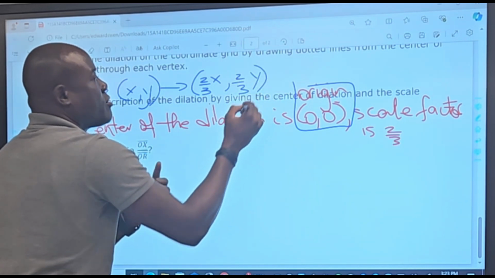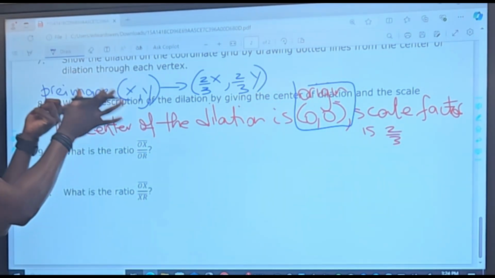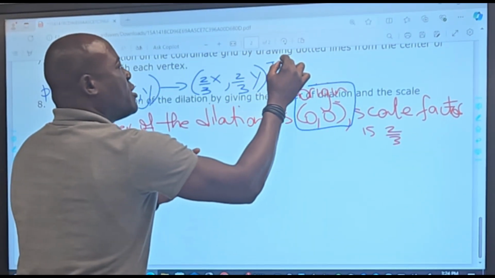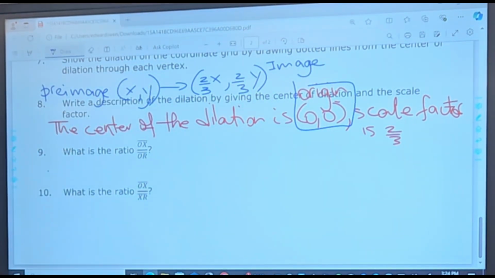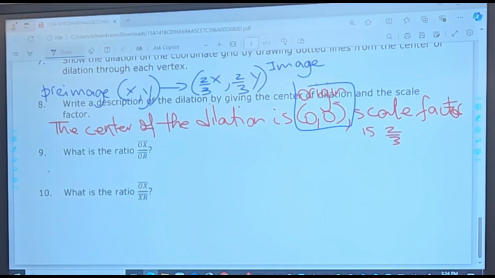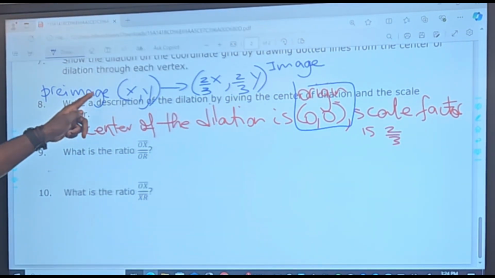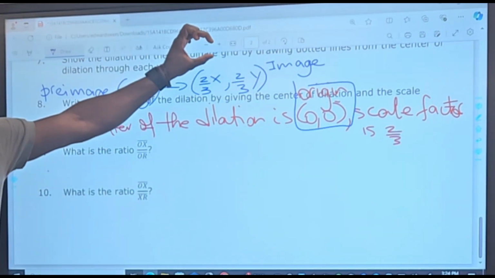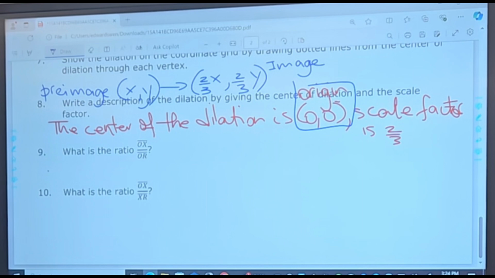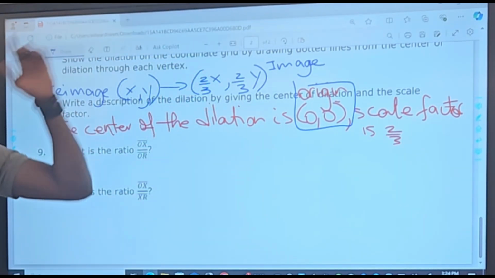It works just the same. So if this is my pre-image, when I do this, I'll end up with the image. That's the algebra for our dilation. The scale factor times your x value gives you the image for the x. The scale factor times the y value from the pre-image gives you the image for the y. Like this. So that is how you could go there easily.